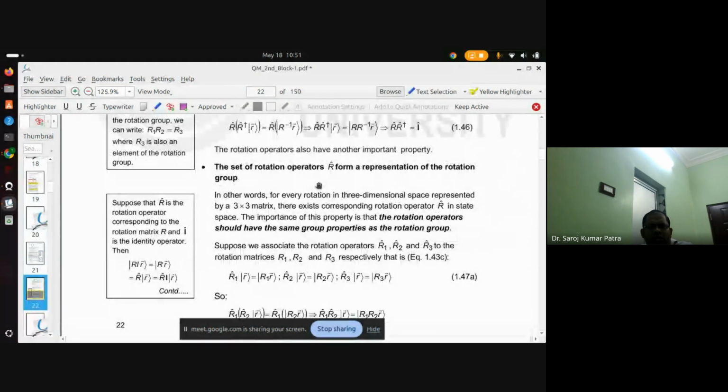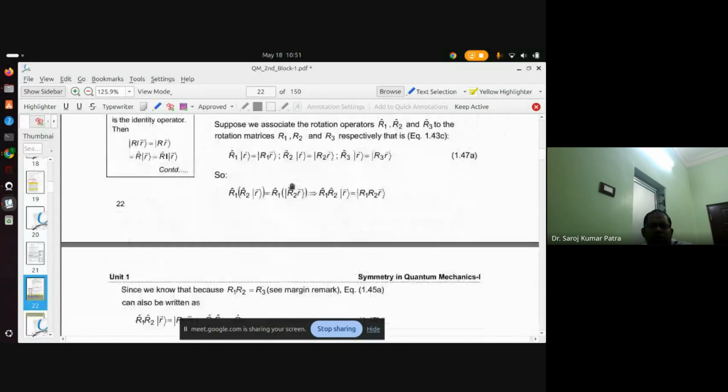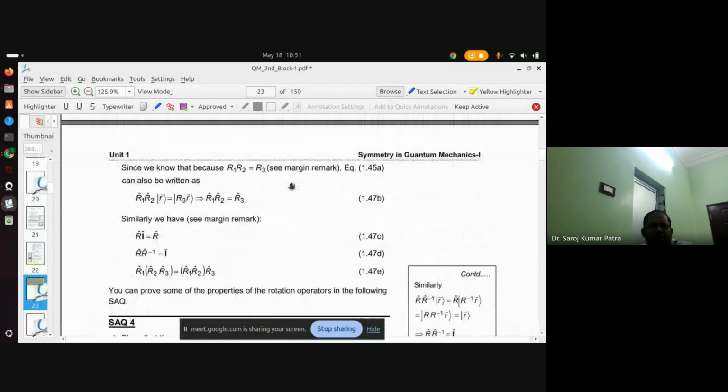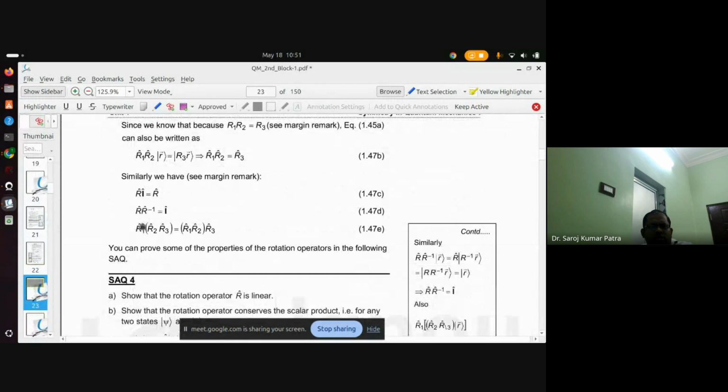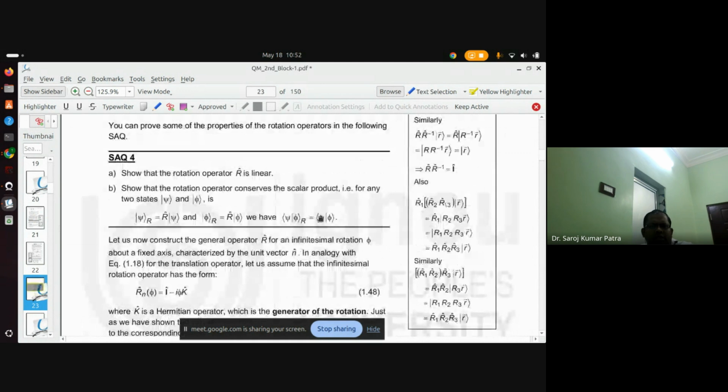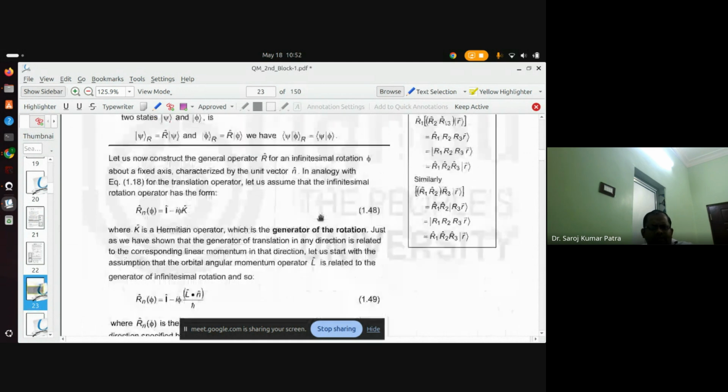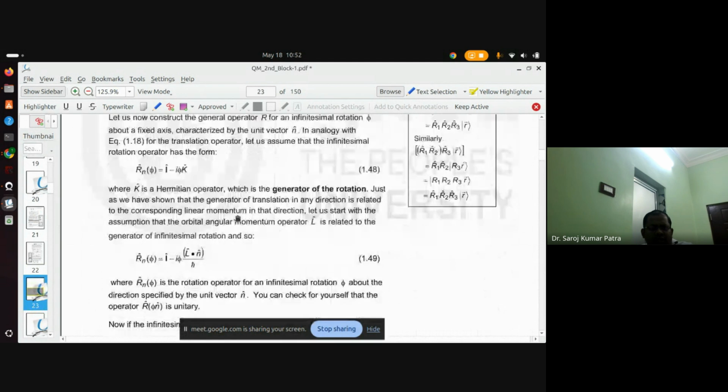A set of rotation operators R form representation rotation group, वो एक ग्रुप फॉर्म करेंगे. ठीक है, so R into I will become R inverse will be I, and rotation will be associated. So in that case, coming back to this equation over here.